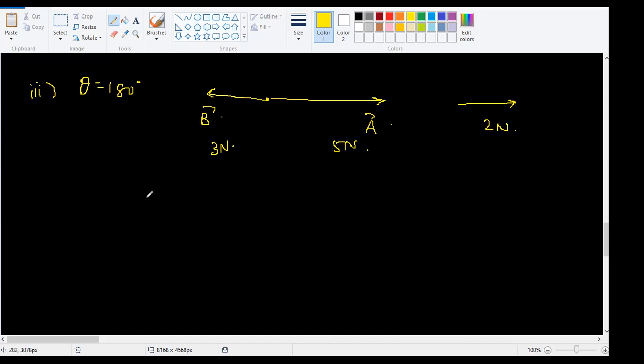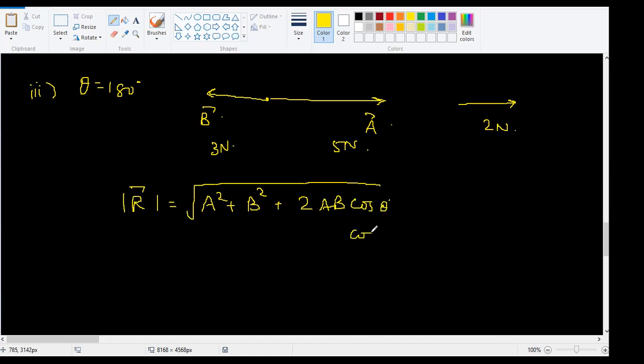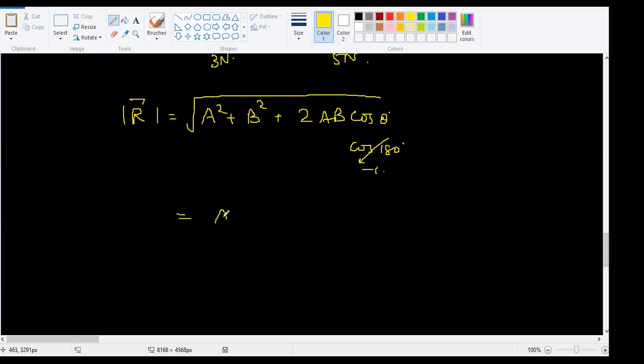So how did you get that? R magnitude is equal to square root of A squared plus B squared plus 2AB cos theta. This is cos 180. Cos 180 becomes minus 1. So minus 2AB. A squared plus B squared minus 2AB becomes A minus B the whole square.